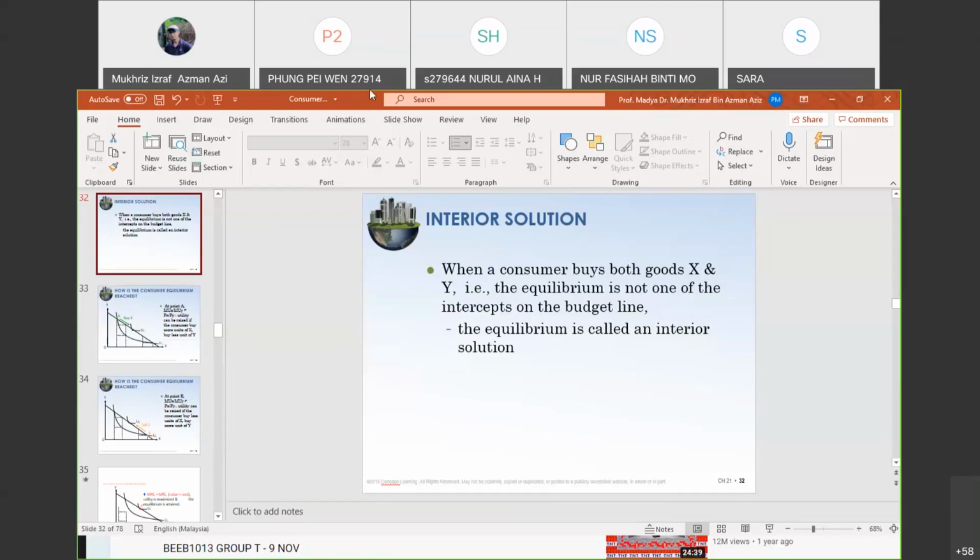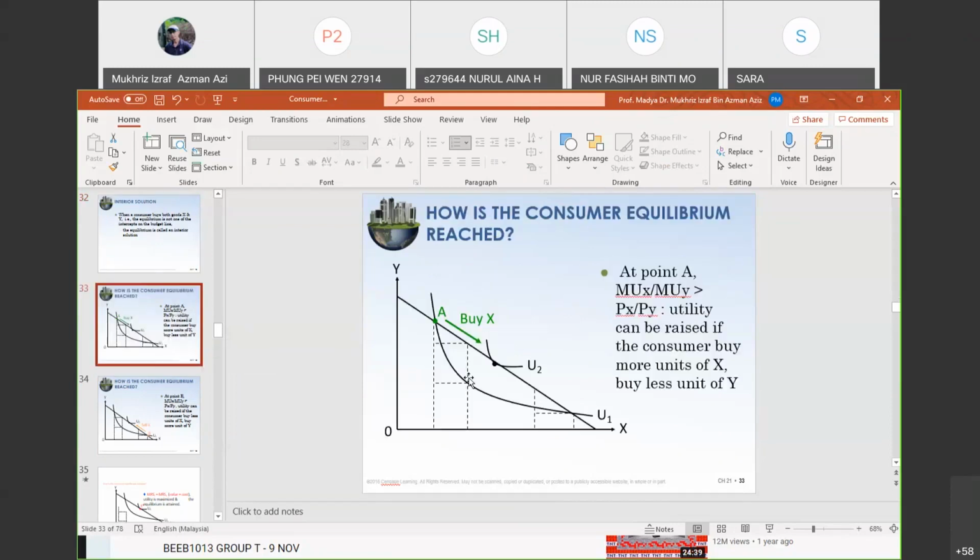But at your level, what is needed is to understand how equilibrium is achieved, and what you need to do if you are not at equilibrium. For example, at point A. You know that equilibrium is at this point here, when the indifference curve U2 is tangent to the budget line. So if you are at point A, what does point A mean?